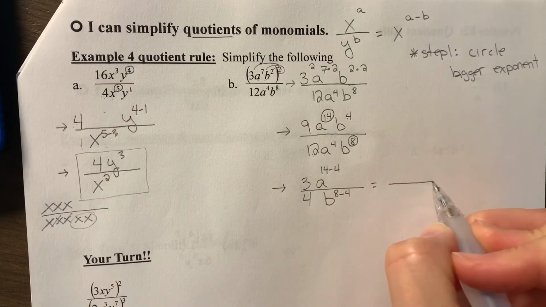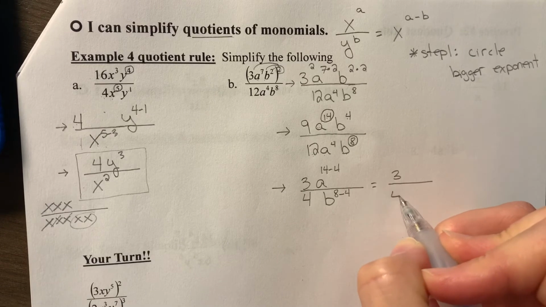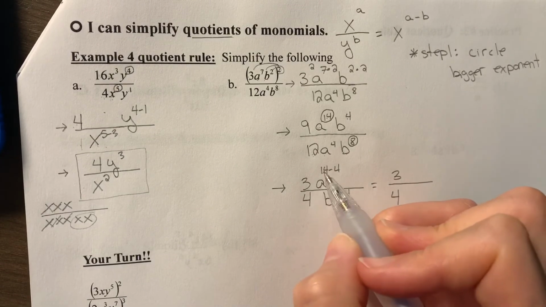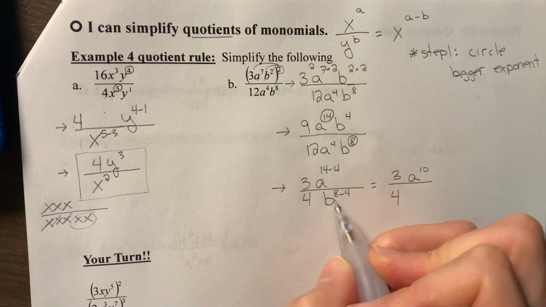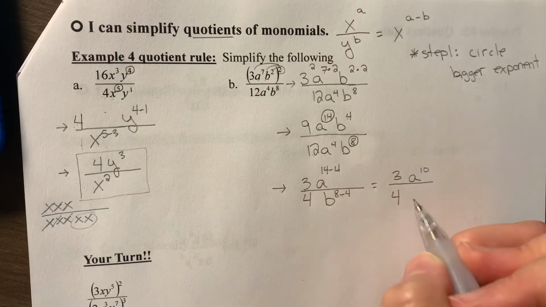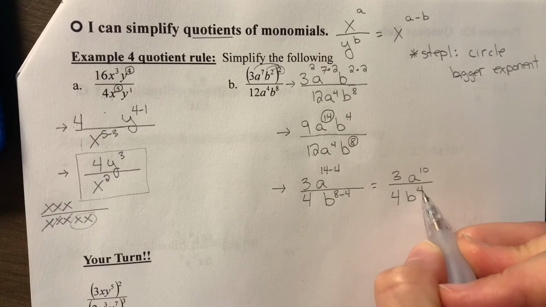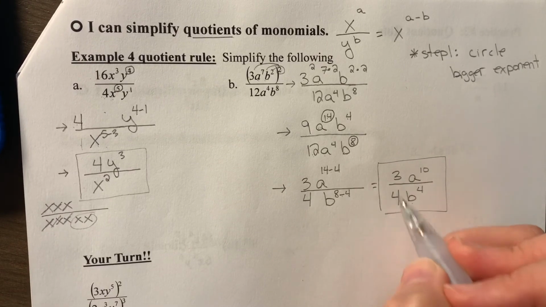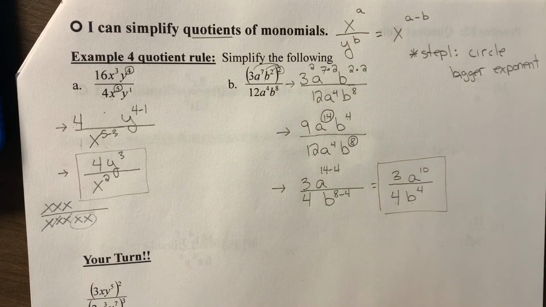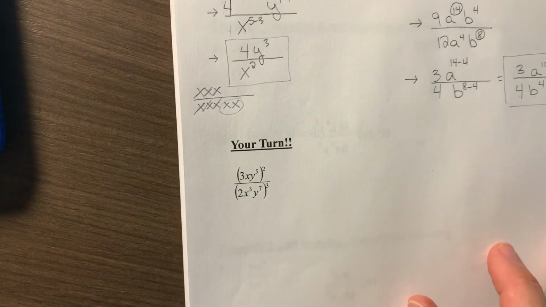Okay, so this is going to be 3 on the top, 4 on the bottom. A to the 14 minus 4 is 10. B to the 8 minus 4 is 4. Fully simplified. 1A, 1B, fully simplified fraction. Good to go.